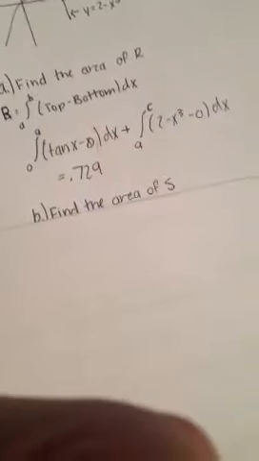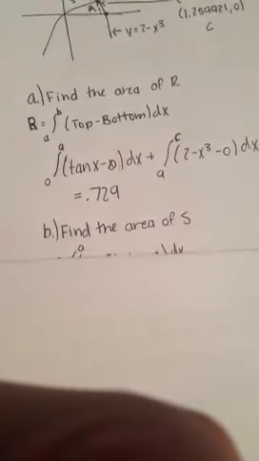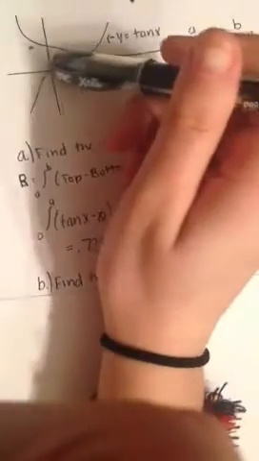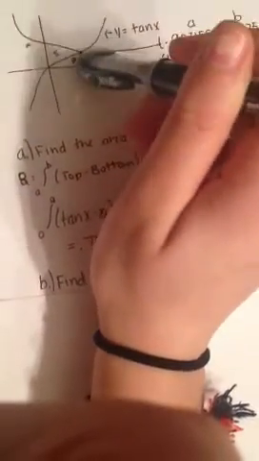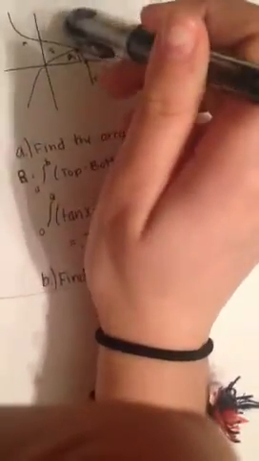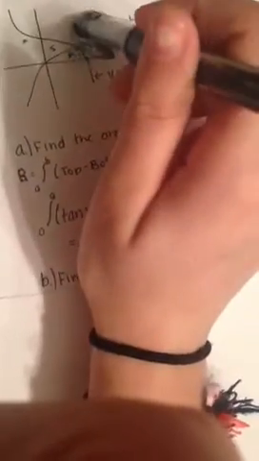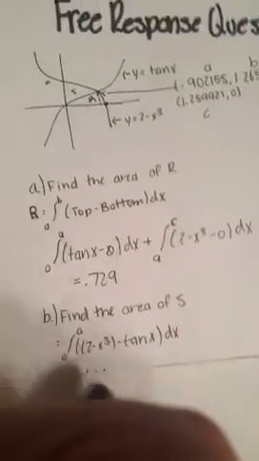And then for the second bullet point, it tells you to find the area of S. And to find the area of S, you just have to look from where it starts and where it ends, which will be from 0 to your intersection, as you can see here.